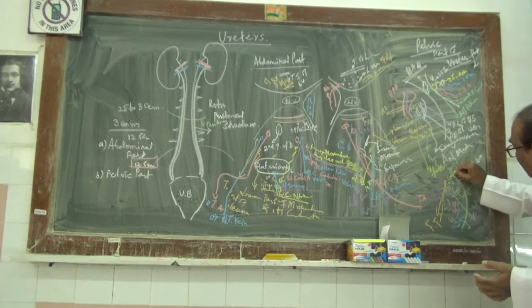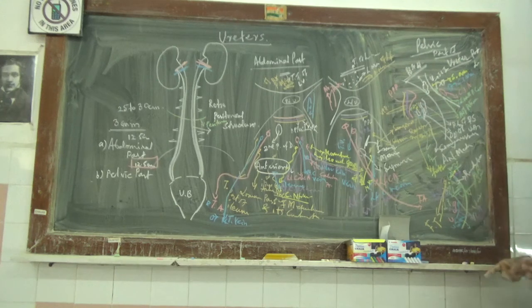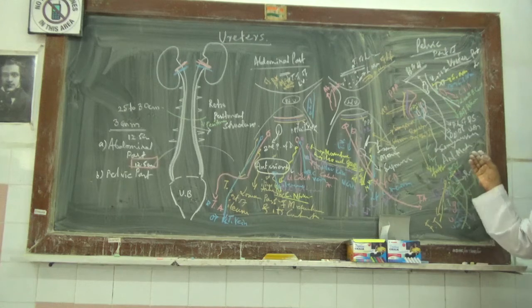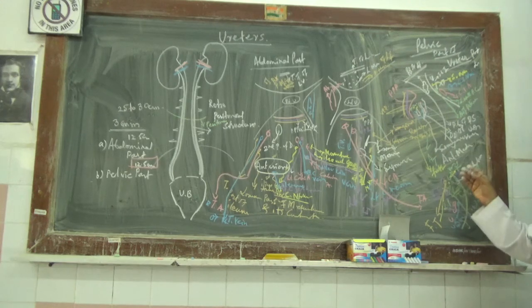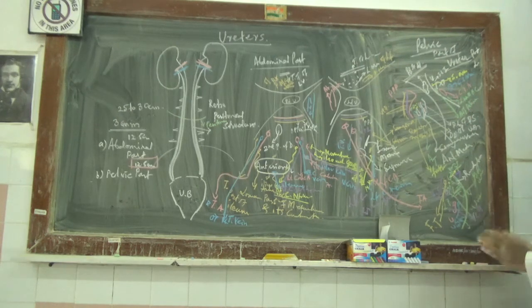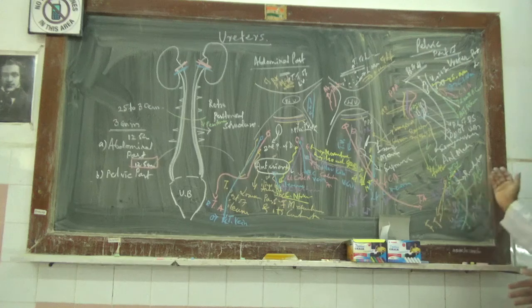Then the nerves to the ovaries and the mesovarian ligaments, and the mesosalpinx, which will be there for the fallopian tube. So all these things will be there in the female.